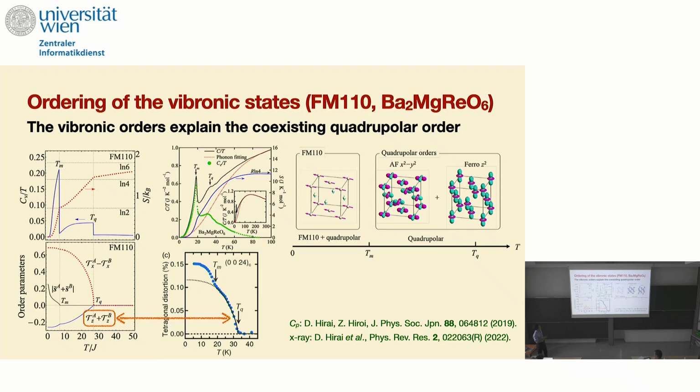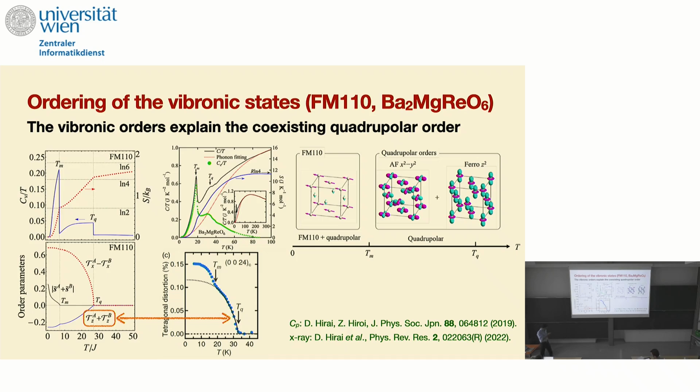The first one is about magnesium rhenium oxide. The important thing is here, this is specific heat and so on. Within the previous pure electronic model, people couldn't explain this part, but now we explain the development of this deformation here.